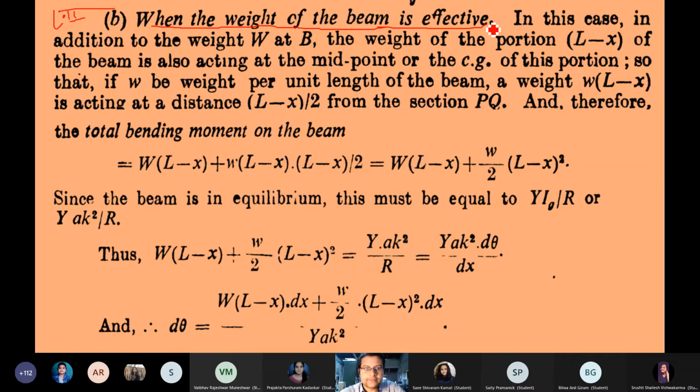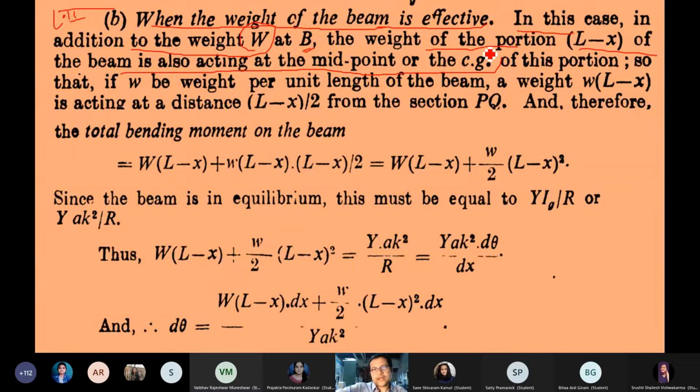That weight of the beam is added to the weight W that we put at its free end, remember. So in this case, when we add this particular weight W at its free end B, the weight of the portion L minus x of the beam is also acting at the midpoint, the center of gravity of this portion.